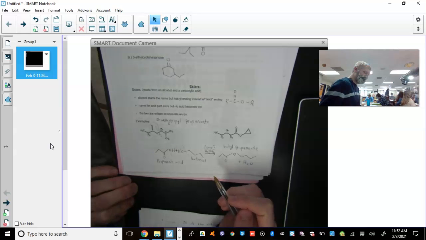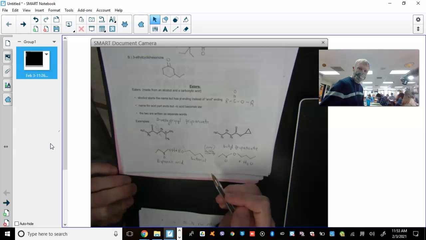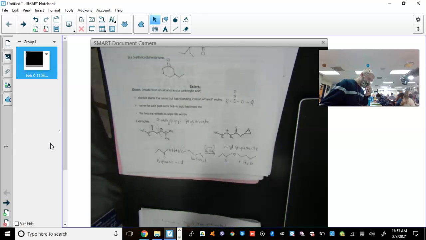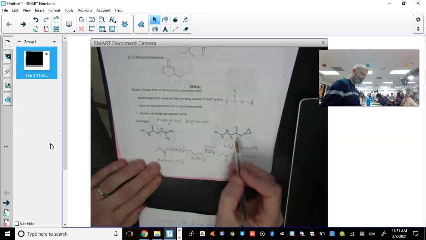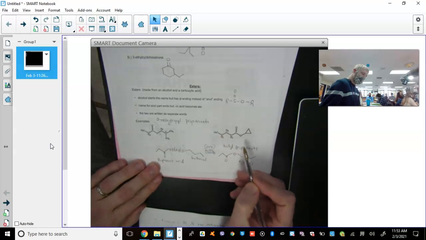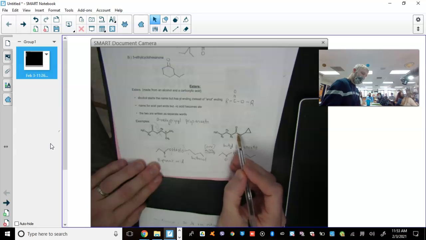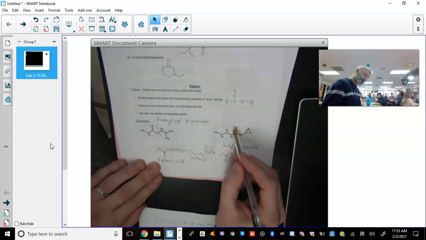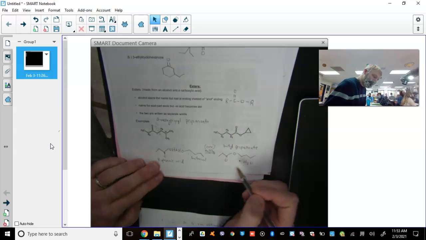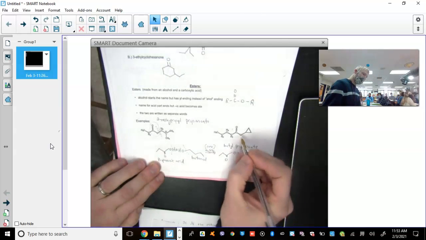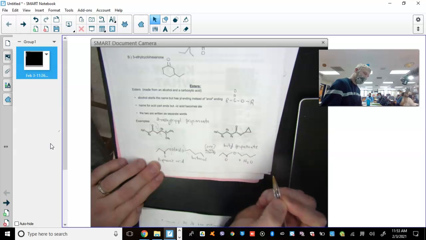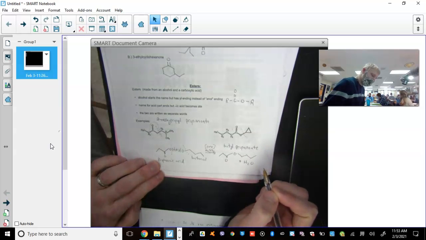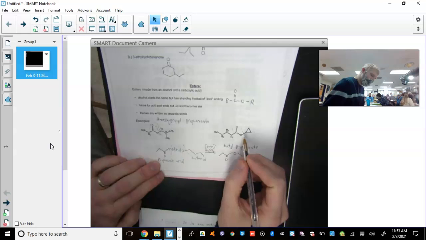All right, let's do another one. Where's my former carboxylic acid on this one? Yeah, right there. That was the carboxylic acid. Wait a minute. No, should it break between the O and the triangle? It should be right there. There we go. All right.